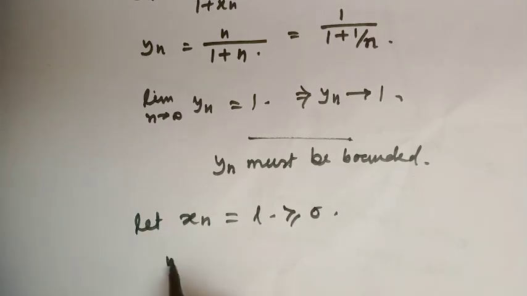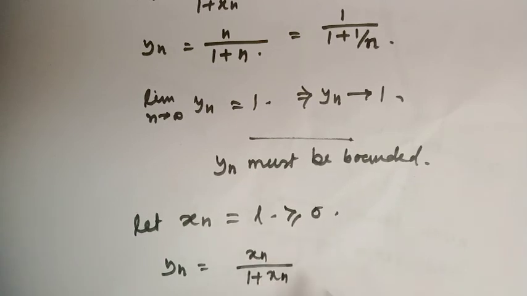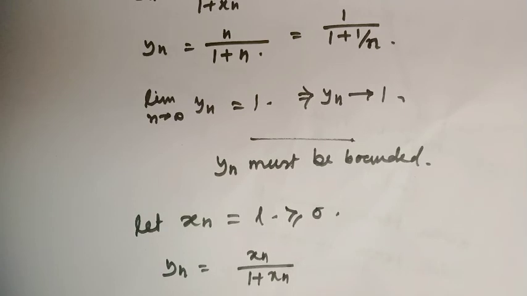And what is yn? yn equals xn over 1 plus xn. If we put the limit on both sides, then limit n tends to infinity of yn equals limit n tends to infinity of xn over 1 plus xn.